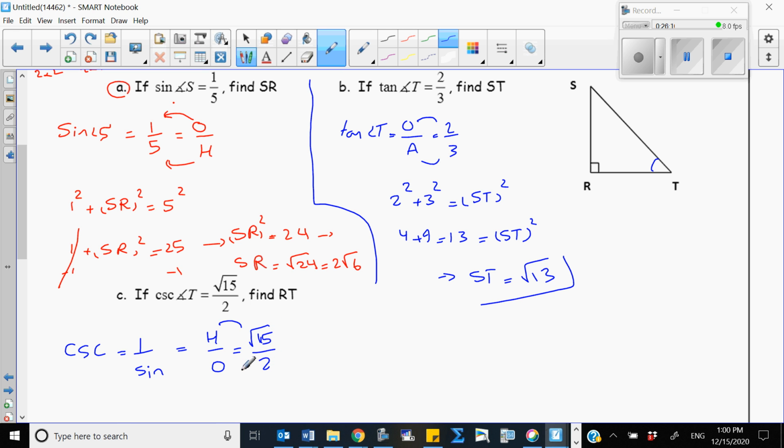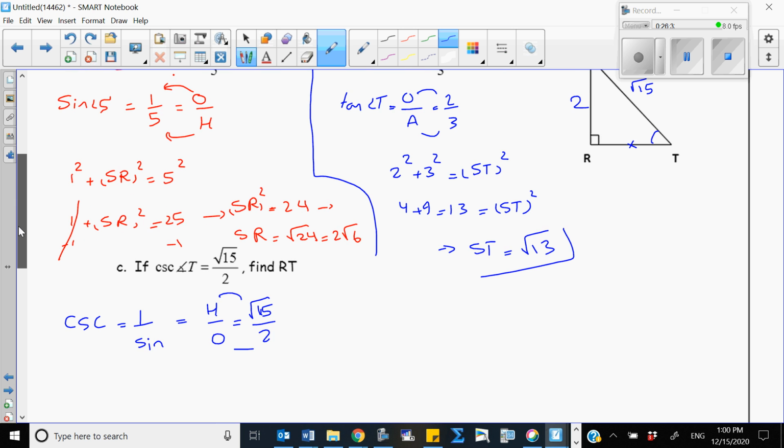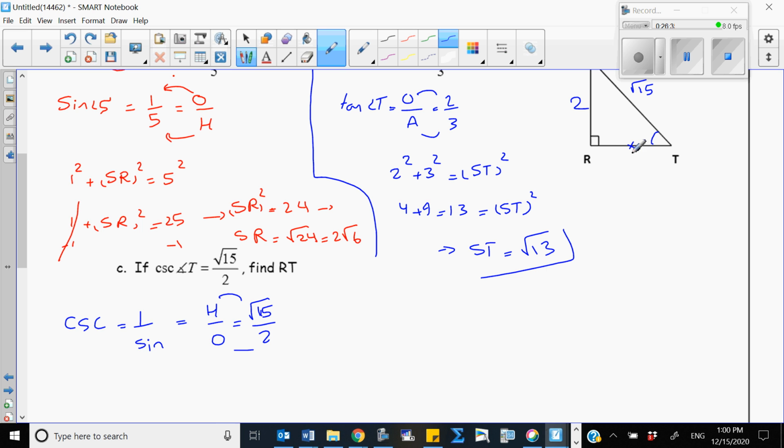So I'm going to match them. If this is my angle, hypotenuse is radical 15. And the opposite side is 2. It's this one. Now it's asking us to find RT. Again, I'm going to use Pythagorean theorem. This is one of the legs. So I can write RT squared plus the other leg squared is equal to hypotenuse squared.